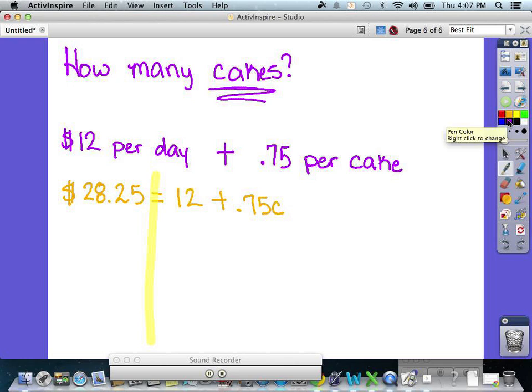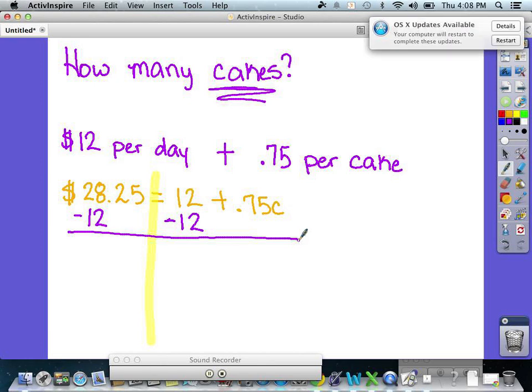So we're going to say minus 12 on both sides. So now we have $28.25 minus 12, which will give us $16.25.